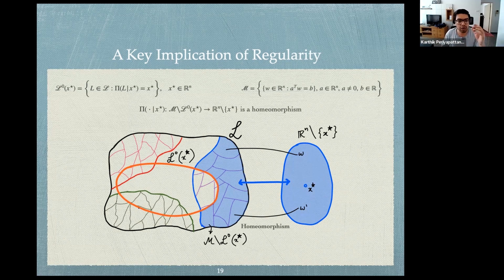So L0 of X star is the set of all those L. L, by the way, is the collection of all solutions to our measurements. So L0 of X star is the collection of all those L for which the projection is X star itself. X star is our prior guess.